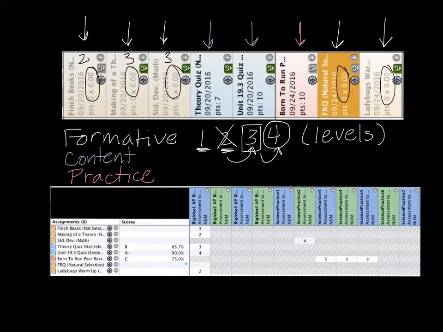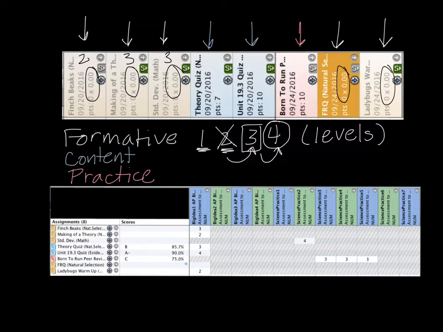So content standards are things about AP Biology that students need to know, and practice standards are things in AP Biology students need to be able to do. So for example, the content standard the students are currently working on has to do with evolution in populations, understanding how that can change.